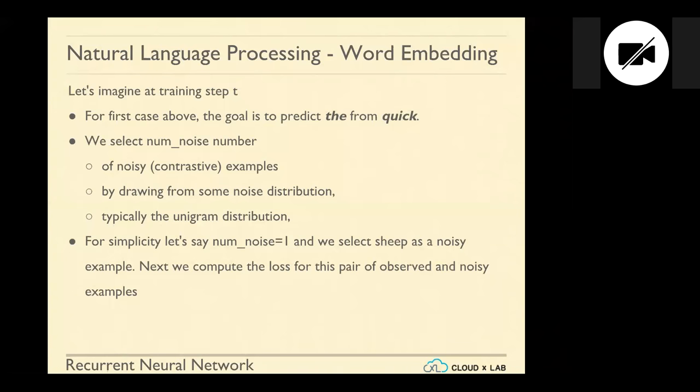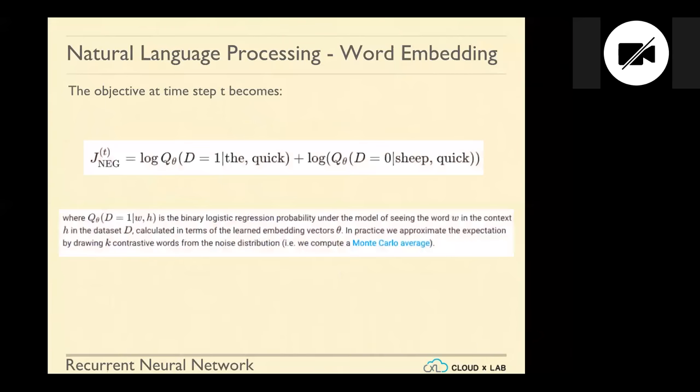For simplicity, let's say the number of noise samples we are picking is 1, and we select sheep as the noise example. Next, we compare the loss for this pair of observed and noise. Here, this is the loss function. Don't worry, even if you don't get it; it's not mandatory to know this part.